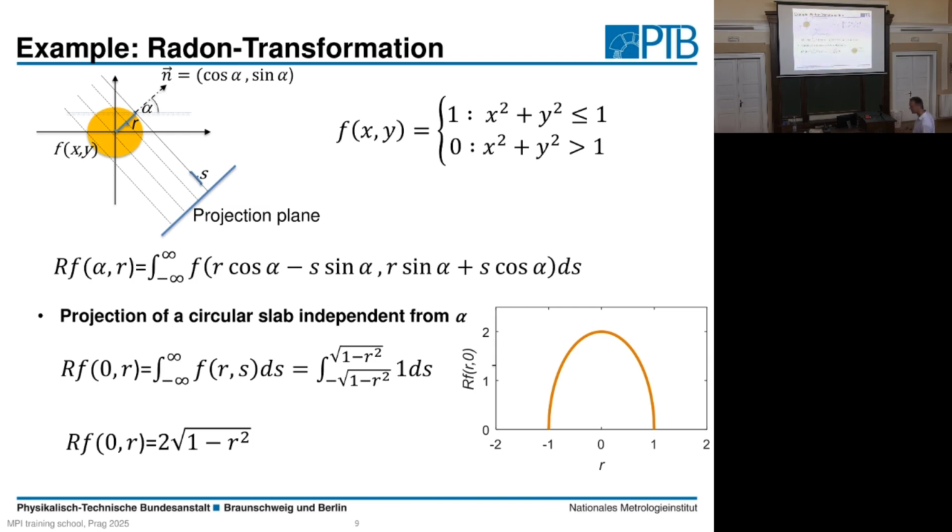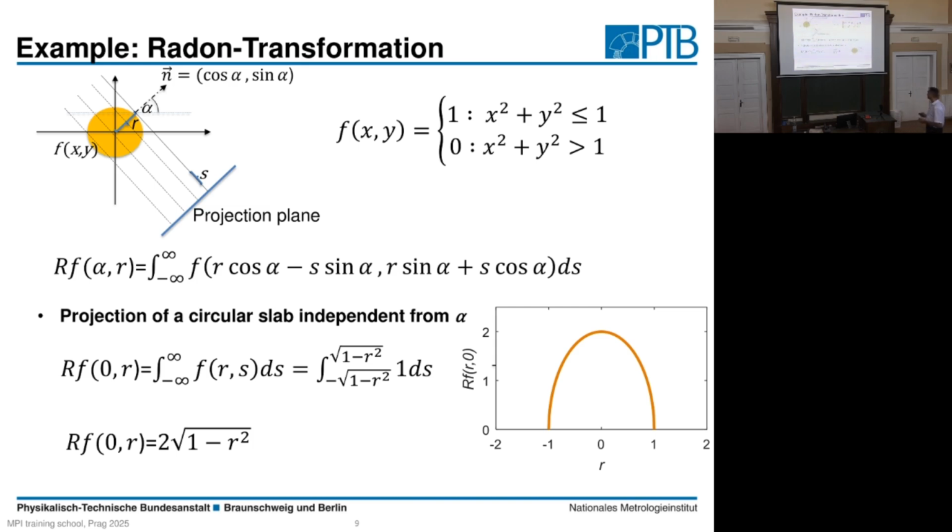Okay, as I have said, our object is independent from alpha, so we can set alpha simply to 0, and then this expression simplifies to r and s, all other parts are 0. And we integrate over s, this means only the y part we have to integrate over.